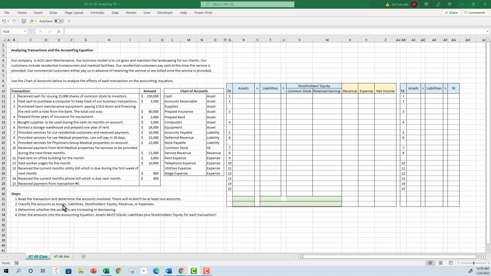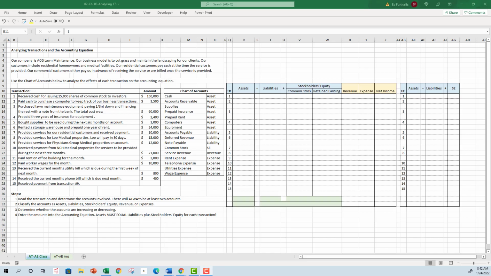They're either going to be assets, liabilities, stockholders' equity, revenues, or expenses. Then our third step will determine whether the accounts are increasing or decreasing. And then finally, we'll enter the amounts into the accounting equation. Assets must equal liabilities plus stockholders' equity for each transaction. Let's move through these transactions.